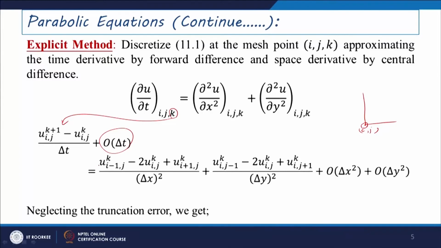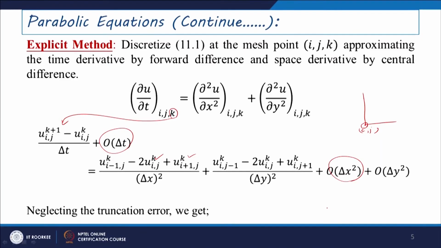For the space coordinate in the x direction, we can write the central difference approximation at the kth level as u i minus 1 j k minus 2 u i j k plus u i plus 1 j k by del x square, and its order of approximation is order of del x square.